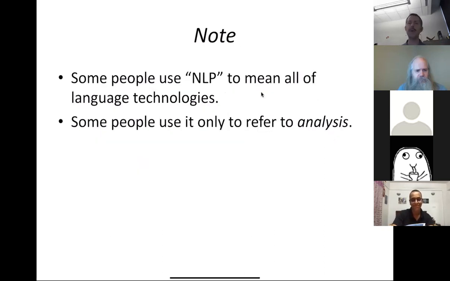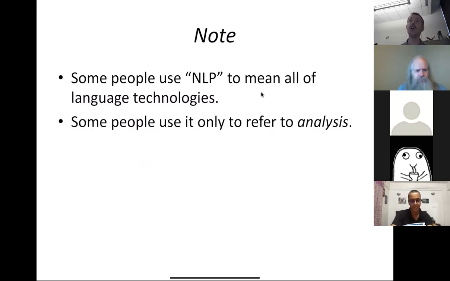Now, some people use NLP to mean all of language technologies. They use NLP to mean all three of these things. Some people use it only to refer to analysis. Confusingly also, some people use NLP in a way that excludes speech technologies. So they think of language as just being written language and speech as being something different, speech technologies.